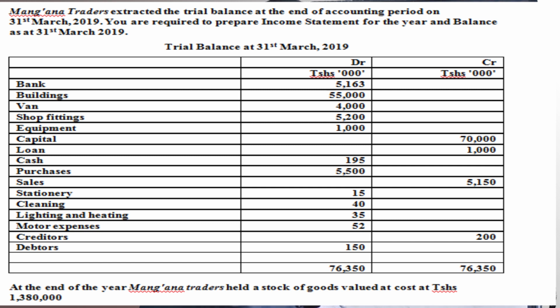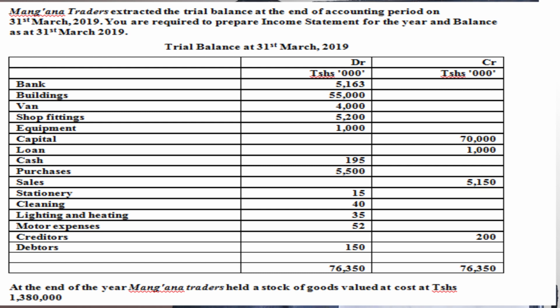Now let us start with an income statement. There are also very important elements before you prepare an income statement. First, you have to write the name of the company, and our company is Mang'ana Trader.